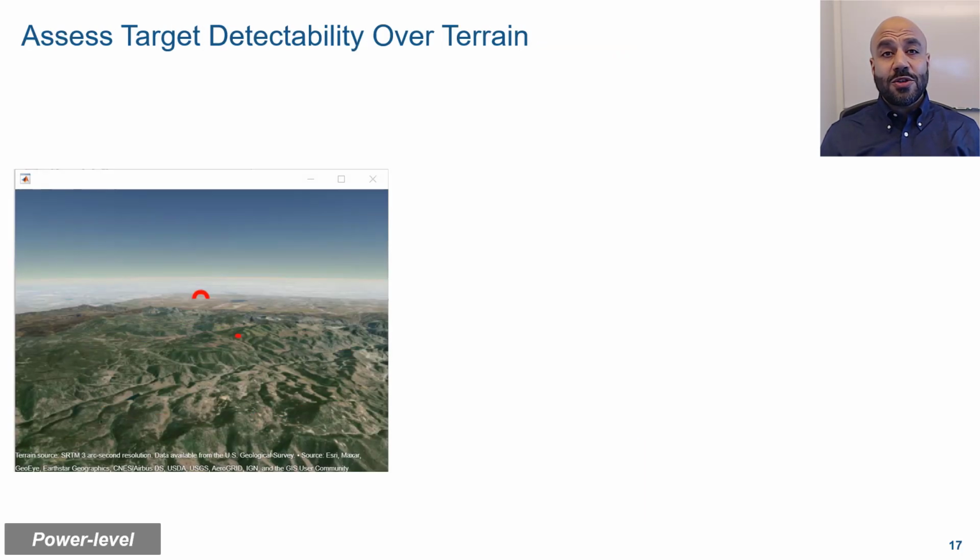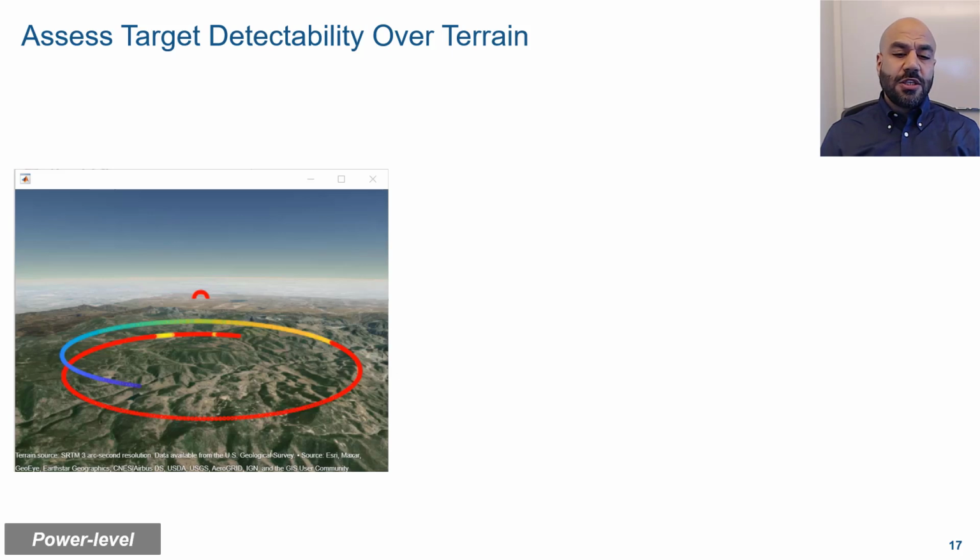Now, you might want to assess the detectability of a target for that radar while that target is moving along a certain trajectory. By modeling the trajectory and simulating the movement of the target, you can see that the areas that are shown by red in this graph here are the areas that there is no line of sight from the radar to the target, while other color maps are showing the received signal-to-noise ratio at the radar receiver due to the target.